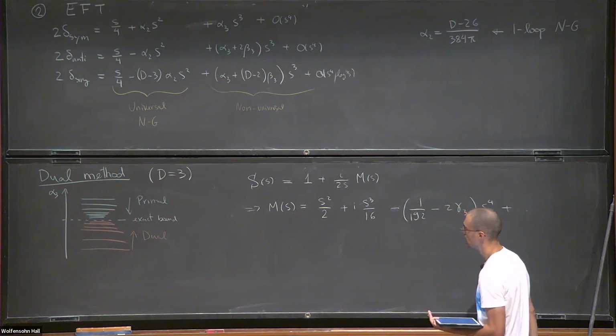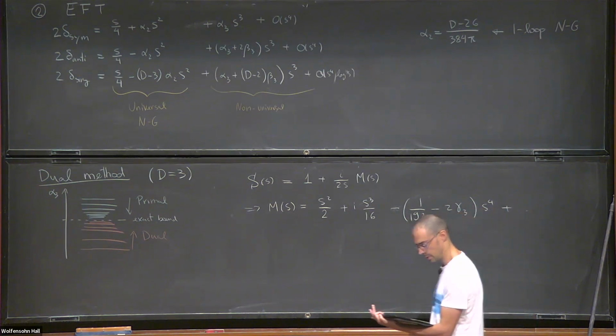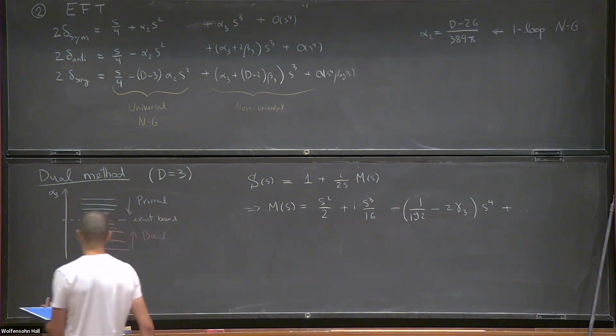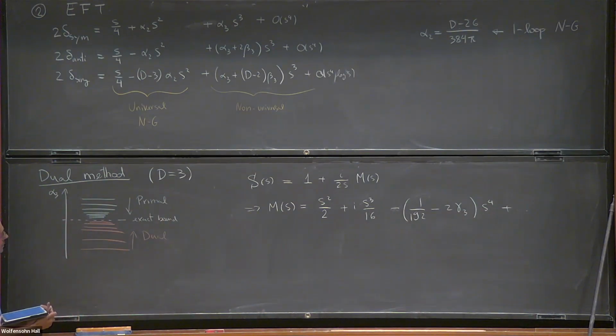And now we want to formulate the bound. Sorry, let me put here gamma 3. Let me think about the bound in D = 3 in gamma 3. We went all the way to -1 over 768. So with primal, in this case, we could do it analytically, it was easy, but we could also do it numerically. And now we want to define a dual method, okay, to go from this side.